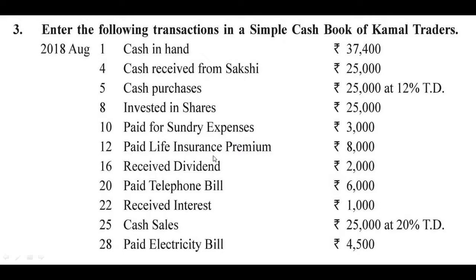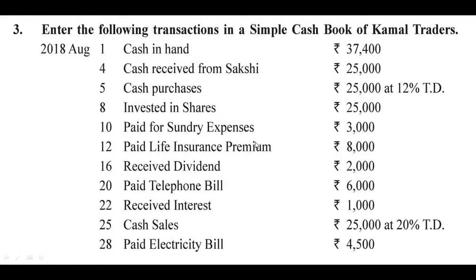Now life insurance is a personal expenditure, so that is why we have to write drawings, because he had paid for personal expenditure from the business. So it is like cash withdrawn for personal use or cash used for personal expenses. So that is why we have to write drawings here for this particular transaction.